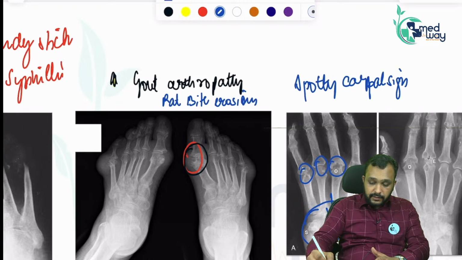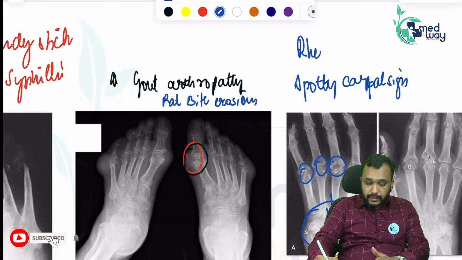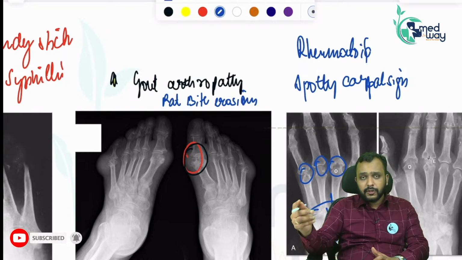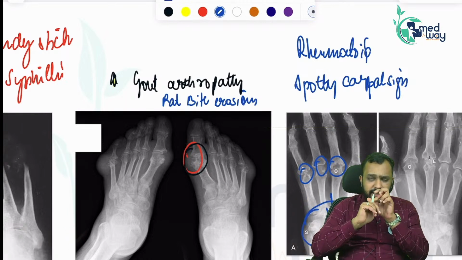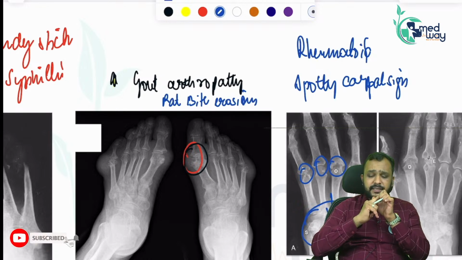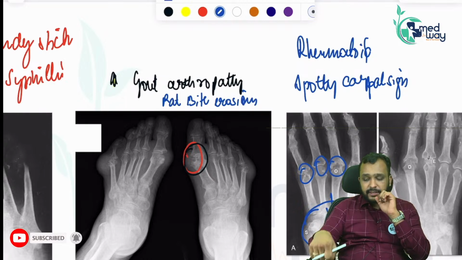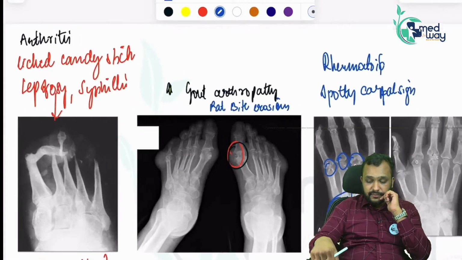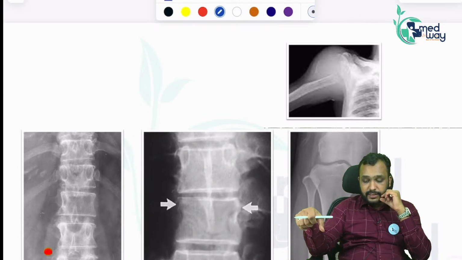This is seen in patients with rheumatoid arthritis. Okay, so you should also know what is swan neck deformity. In swan neck deformity, there is hyperextension at the proximal interphalangeal joint, and there is flexion at the distal interphalangeal joint, right?